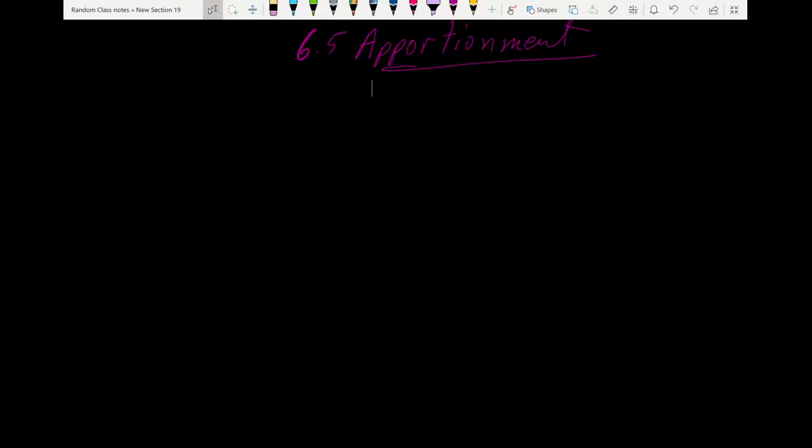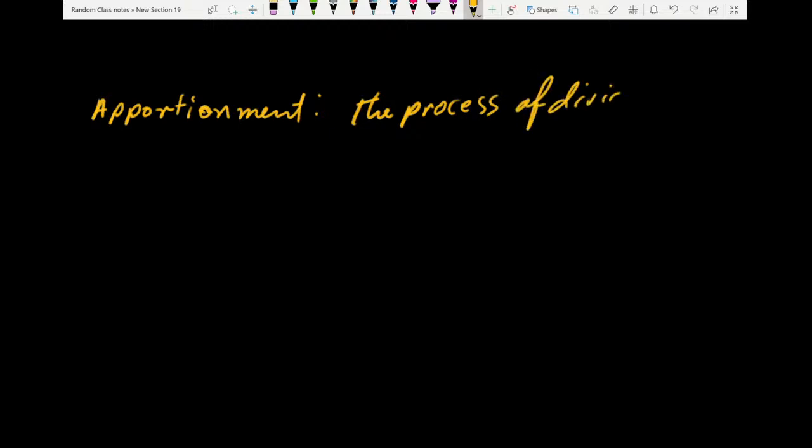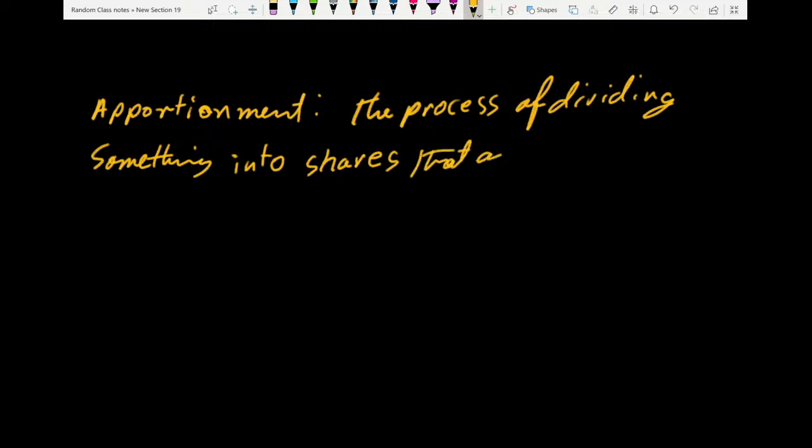So, what is apportionment? Apportionment is the process of dividing something into shares, into parts, shares that are proportional.